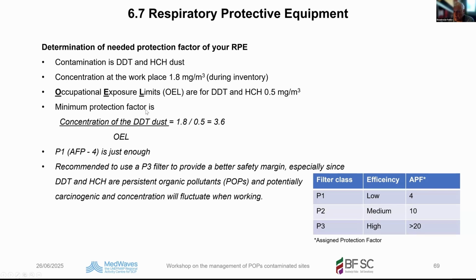The minimum protection factor for the concentration of DDT in the dust is 1.8 divided by 0.5, which is 3.6. RPE with an assigned protection factor of 4 is just enough. It is recommended to use P3 filters here again, to provide a better and safe margin, especially since DDT and HCH are persistent organic pollutants and potentially carcinogenic, and the concentration will fluctuate when working. So this is an example for dust.